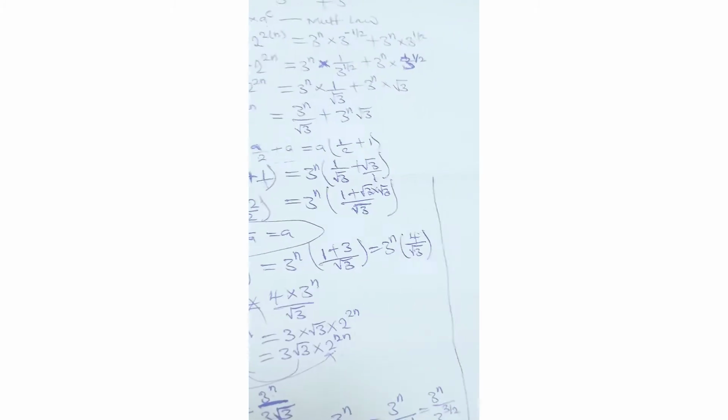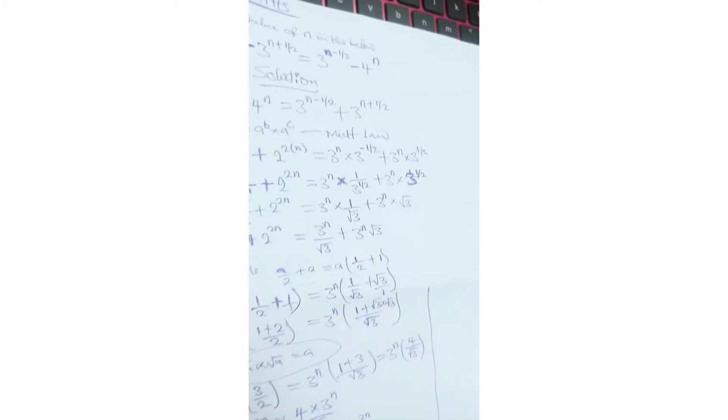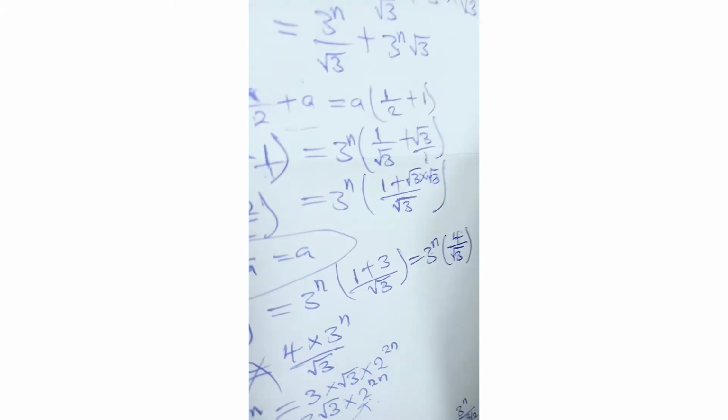Now, at this point, this is what we are going to do. Let's write out what we have here. We have 2 raised to power 2n minus 3 over 3 raised to power n minus 3 over 2.